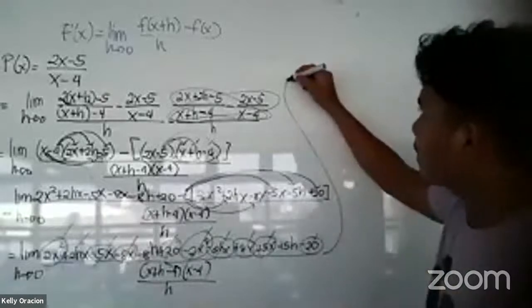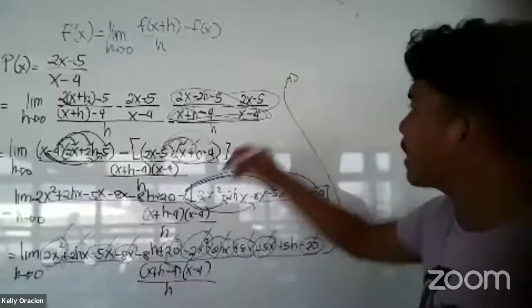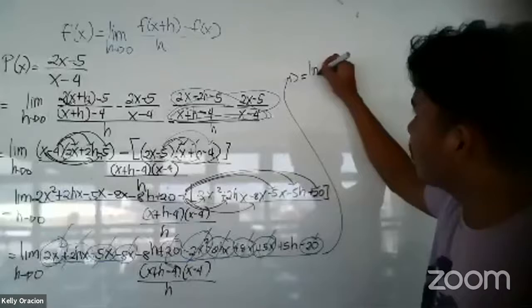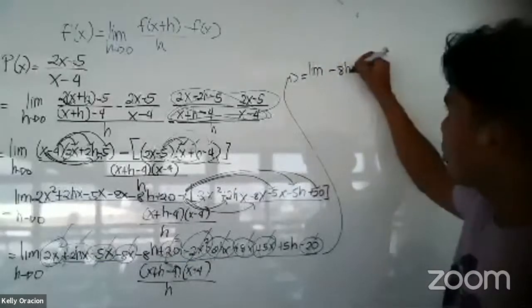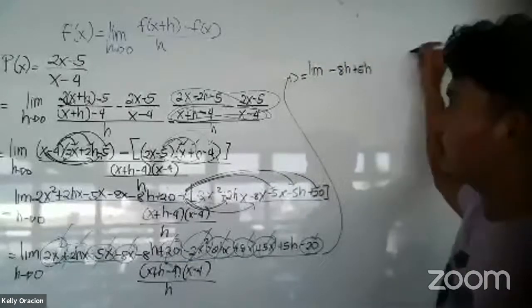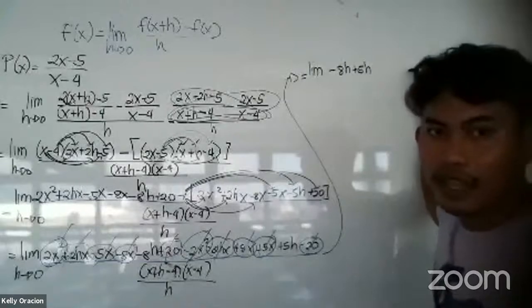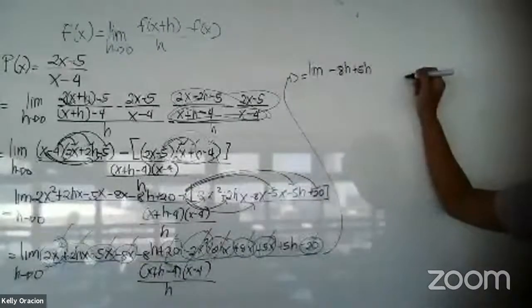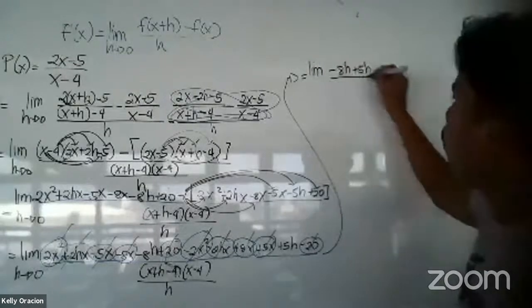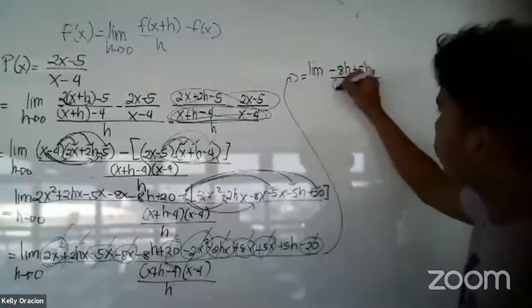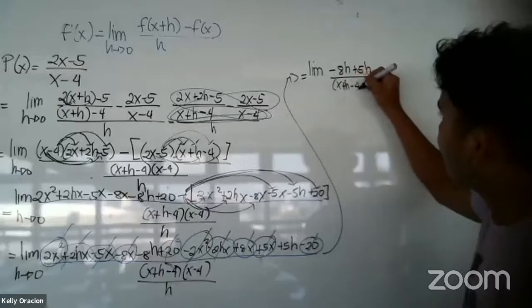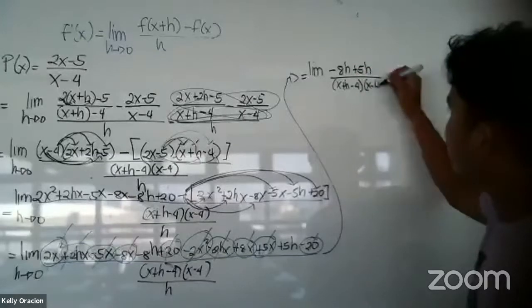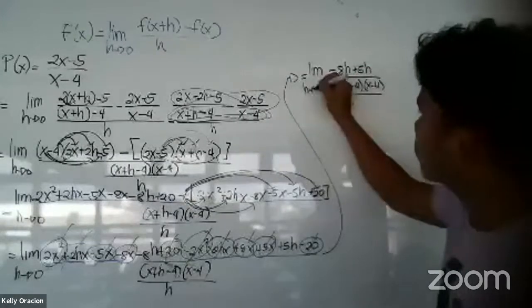Okay? So na-cancel na ang tanan except sa mga terms na wala na-cancel: negative 8h and 5h. Next, over your denominator, x plus h minus 4, x minus 4, all over h as h approaches 0.